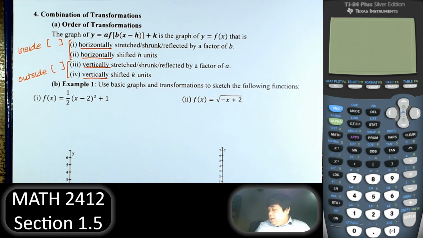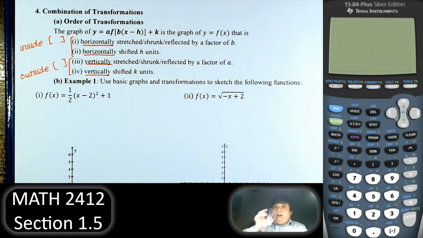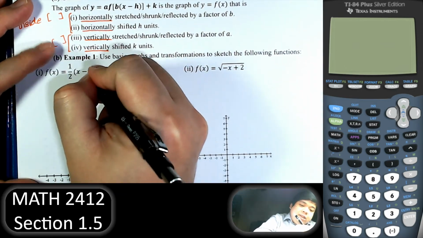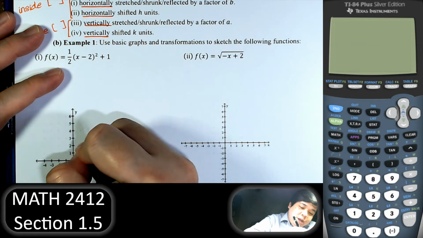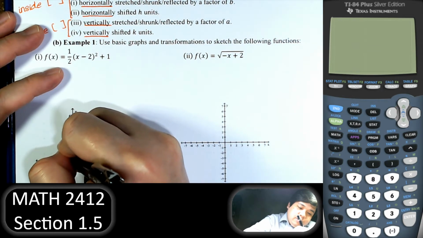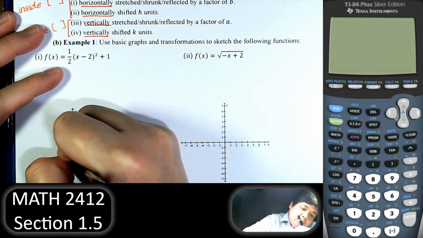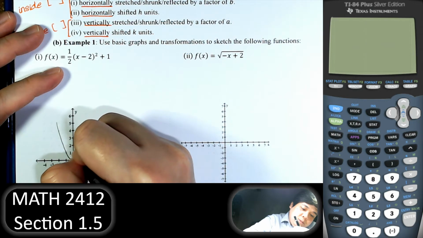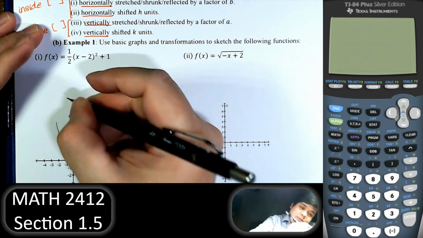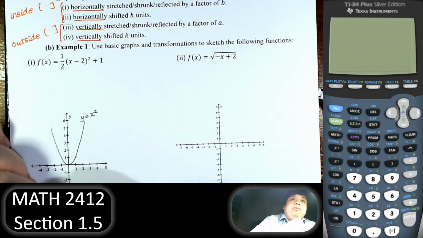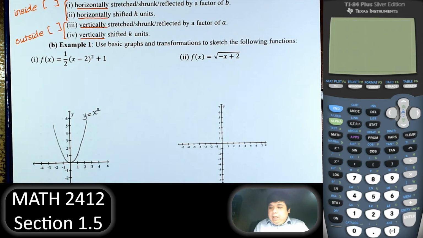Now let's use transformation to sketch the following graph. First, the basic function is a square, so I'm going to draw x squared. Now, we have a few numbers added to it.